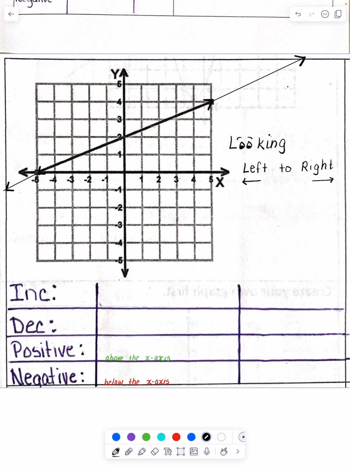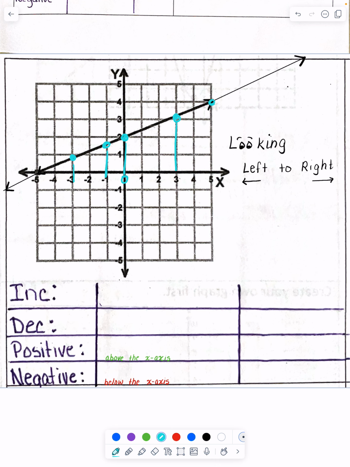So when I'm looking for the X values of the graph, I'm just going to pick a point somewhere on the graph, not the coordinate plane, but on the graph. The X value here would be -3. The X value here would be -1. The X value on the Y-axis would be 0. The X value here would have been +3.